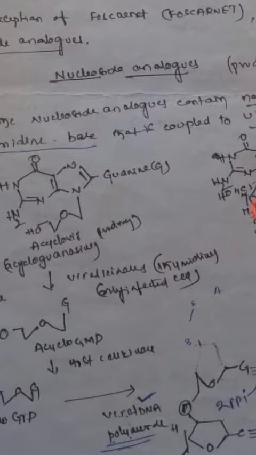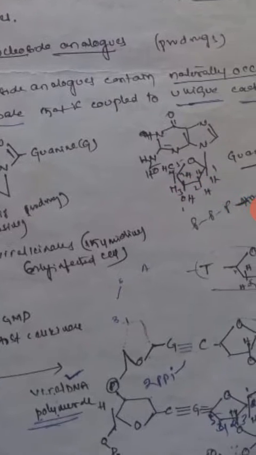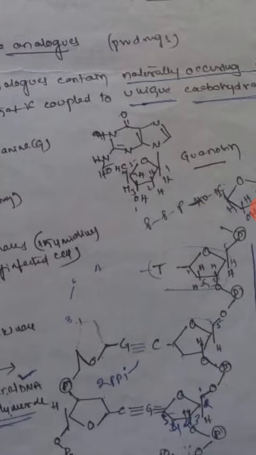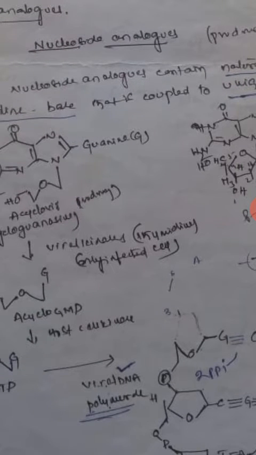Our drug is a nucleoside analog. Guanosine is a nucleoside, and our drug also looks like a naturally occurring nucleoside. Aciclovir is structurally similar to guanosine. Guanosine is a naturally occurring nucleoside, but our drug is a synthetic nucleoside analog.